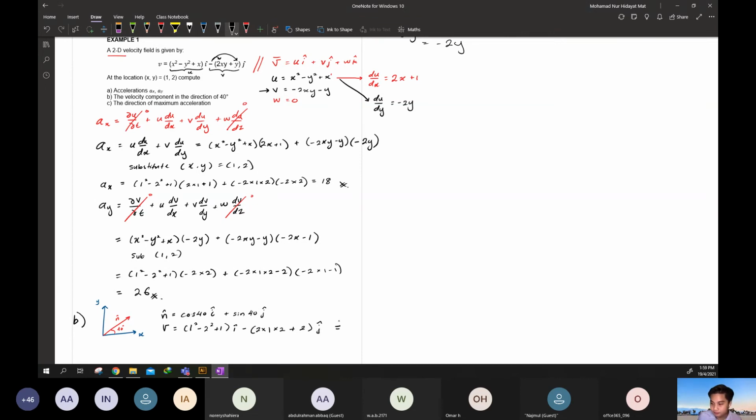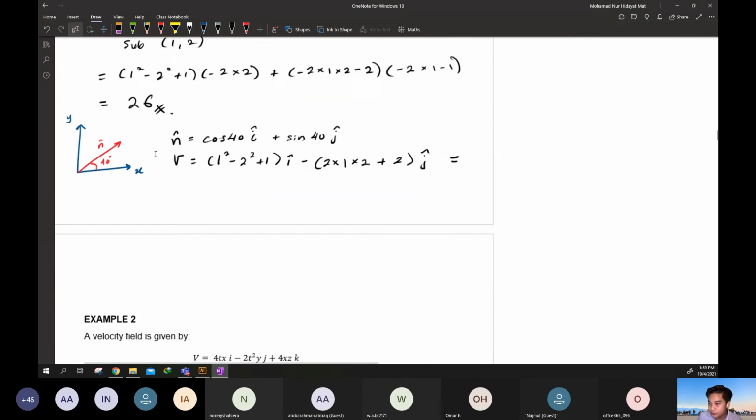So after we substitute the value, we can get the vector form of velocity. Here we can simply say that it is negative 2i minus 6j.